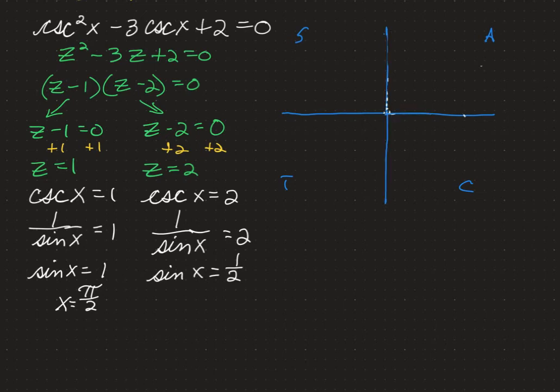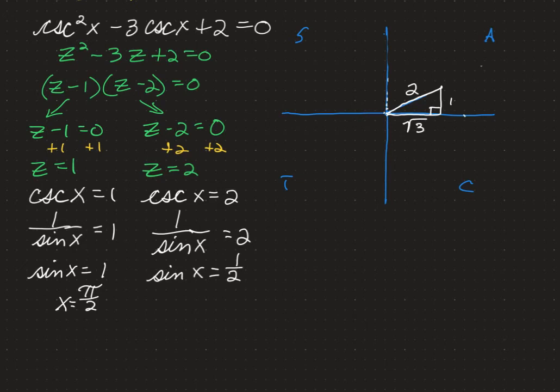We need to draw an angle in the first quadrant, let me do it in white so I'm a little more consistent, so that the opposite side over the hypotenuse gives us 1 over 2. That means this next side must be square root of 3.